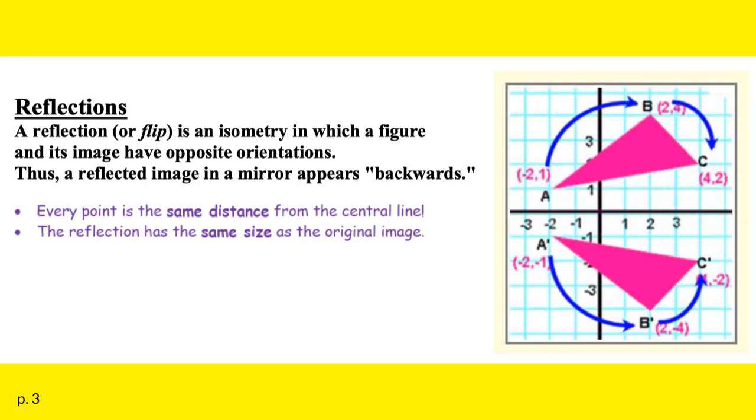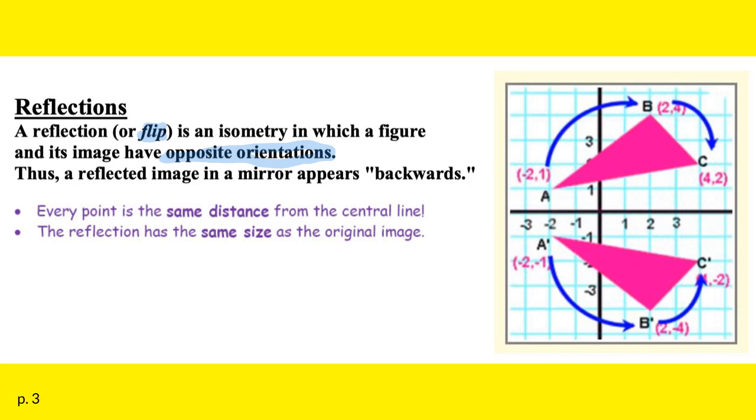As I mentioned before, we're going to be focusing on reflections as our transformation today. A reflection, which you might sometimes call a flip in certain textbooks, is an isometry in which a figure and its image have opposite orientations, just like we said. We just covered what an opposite orientation meant.